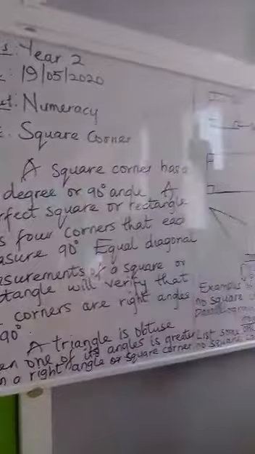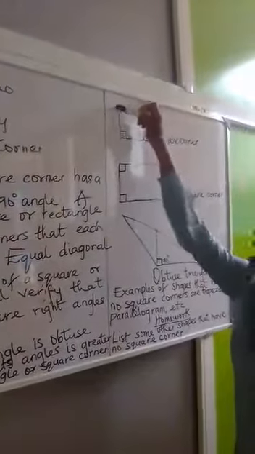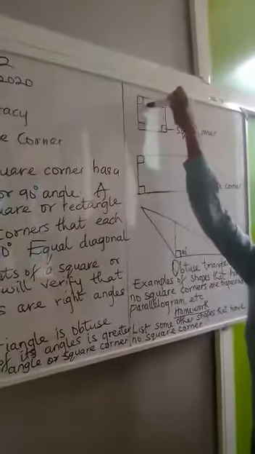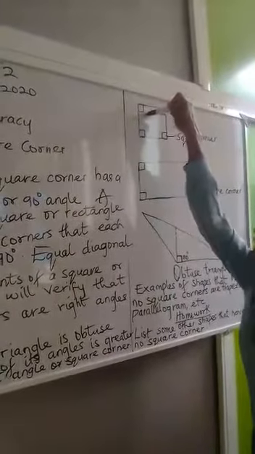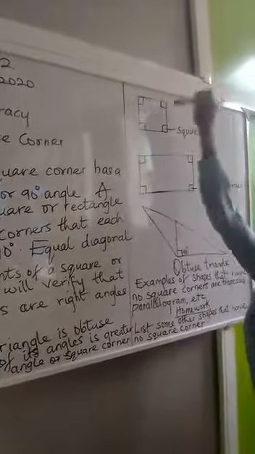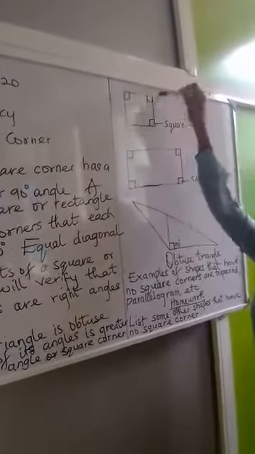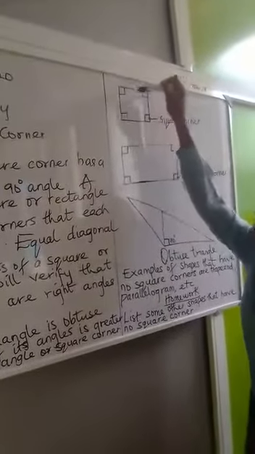This is a rectangle while this is a square. They have what? Four corners. And each corner, this corner, it measures what? It measures 90 degrees. While this very one also measures what? 90 degrees. So these very four corners each measure 90 degrees.